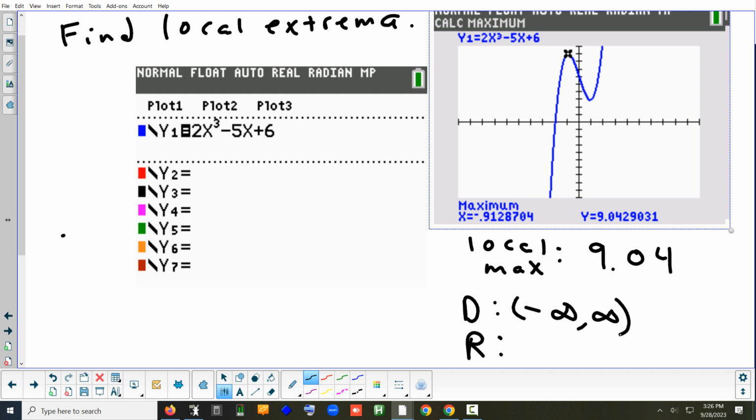Yeah, this says you're going to have a range of negative infinity to infinity. How come, and this ties in with end behavior, how come every odd degree polynomial will have a range of all real numbers? I'm not sure.